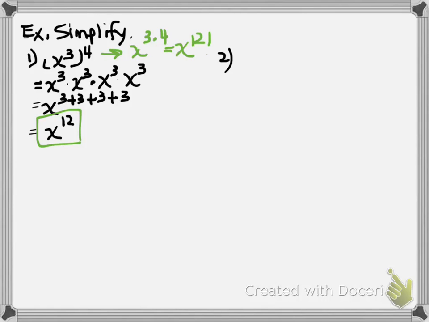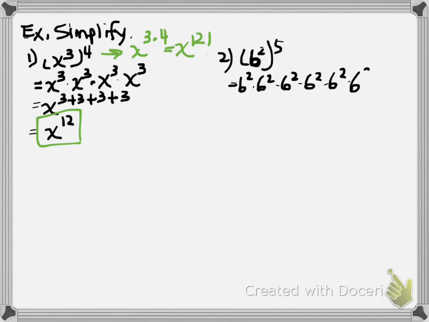All right, and it doesn't matter if I have a numerical base. This is 6 to the second power, and I'm going to raise it to the fifth power, which would really be saying 6 squared times 6 squared times 6 squared times 6 squared times 6 squared. I only need a total of 5: 1, 2, 3, 4, 5.